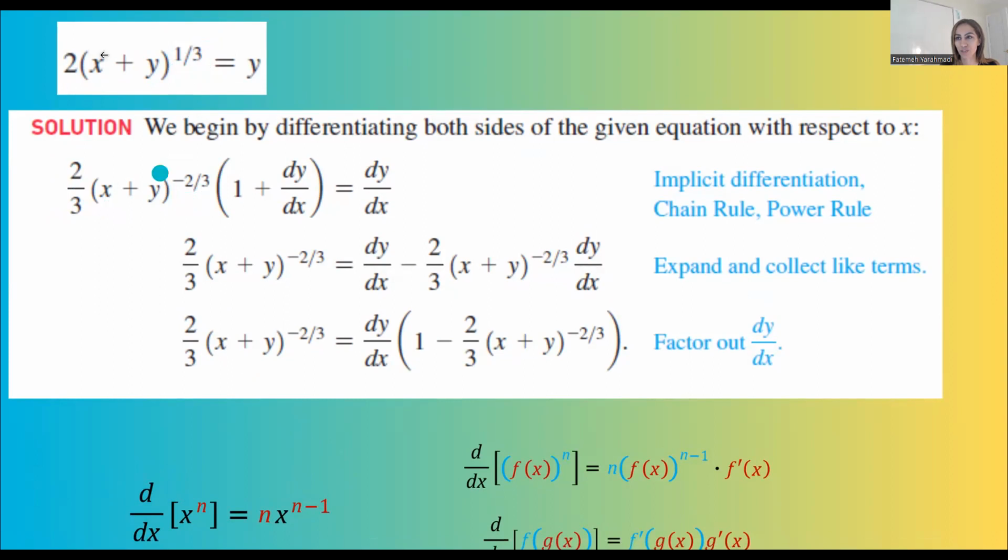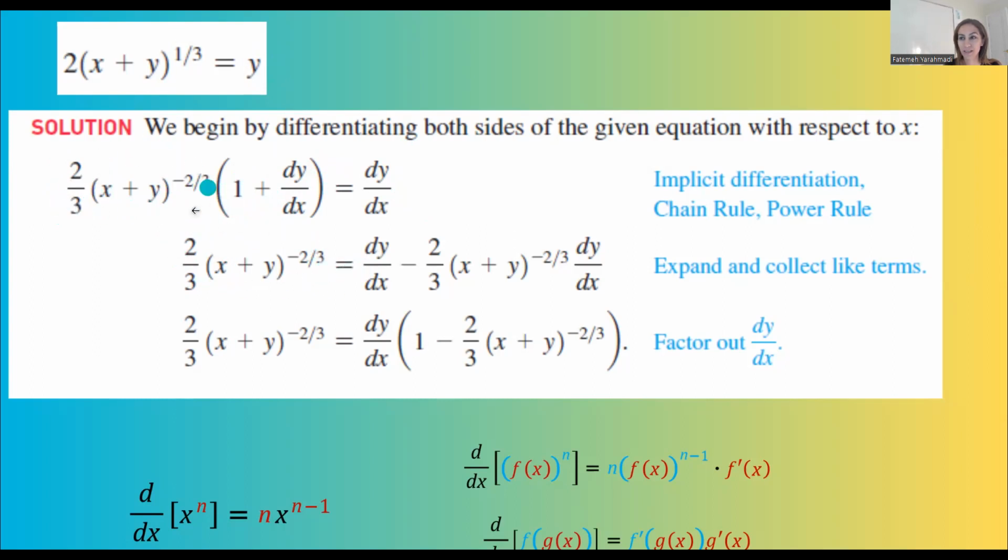And then applying the chain rule, the derivative of x is 1, and the derivative of y is dy over dx. It's not 1. And on the other side, again, we have the derivative of y, which is dy over dx. Very good. Now you're going to distribute 2/3 (x plus y) to the power negative 2/3 into the parentheses, and you get 2/3 (x plus y) to the negative 2/3 times 1, which is just right here.